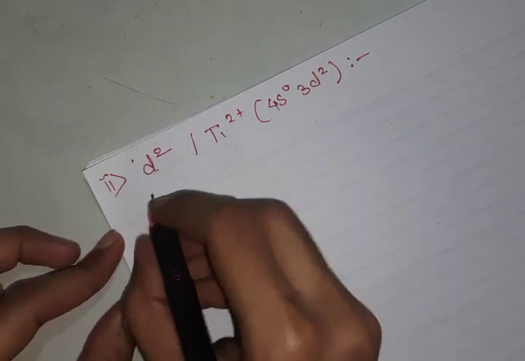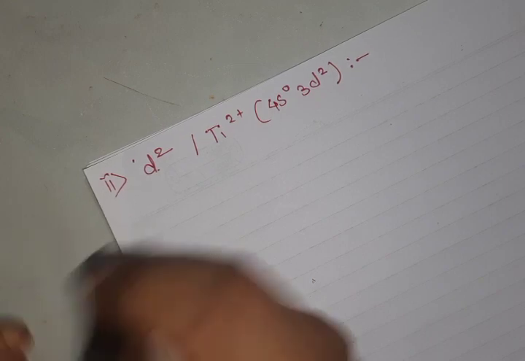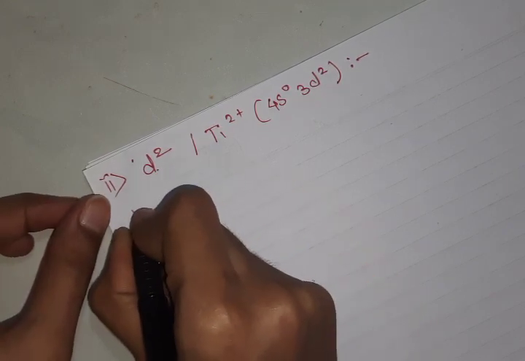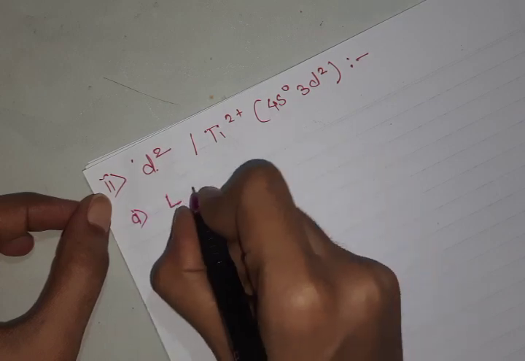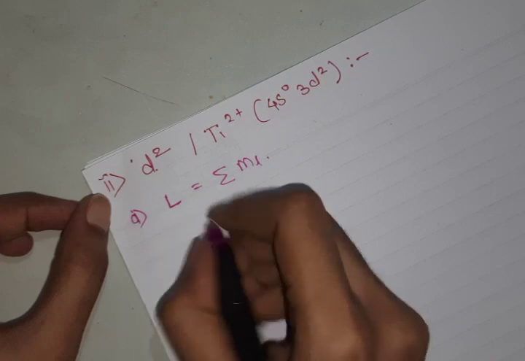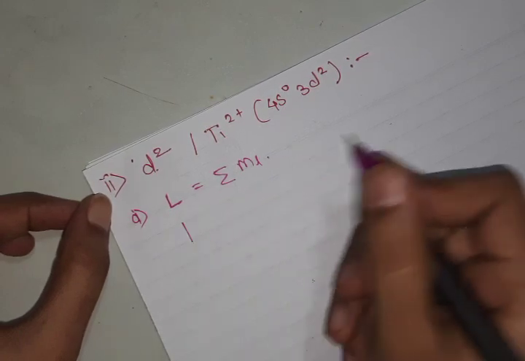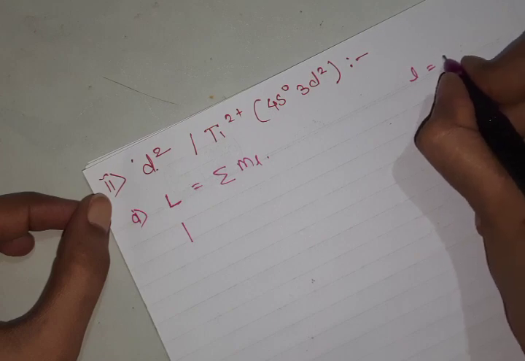Okay, so let's start. What is the first step? The first step is to calculate the L value. The L value is the summation of ml. For the d orbital, small l is equal to 2.